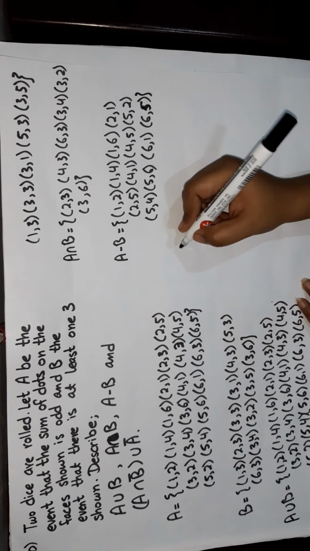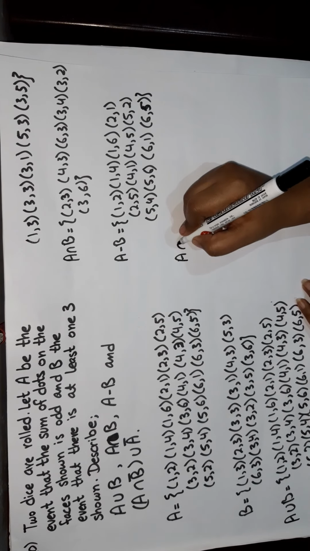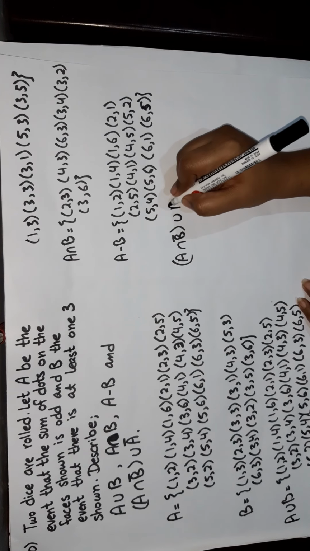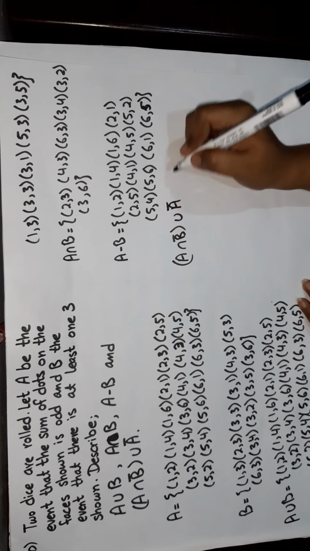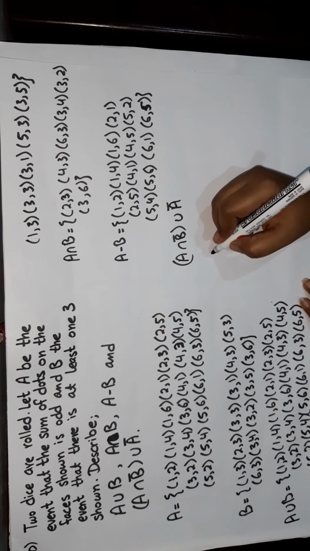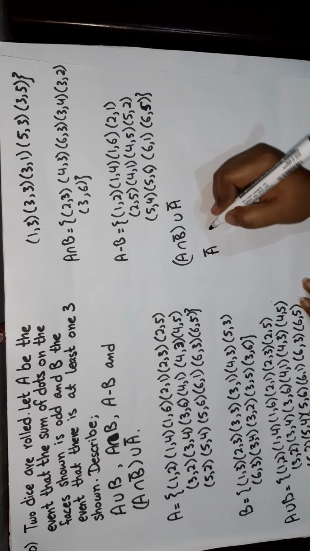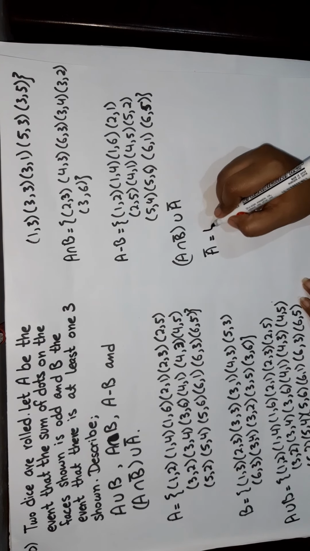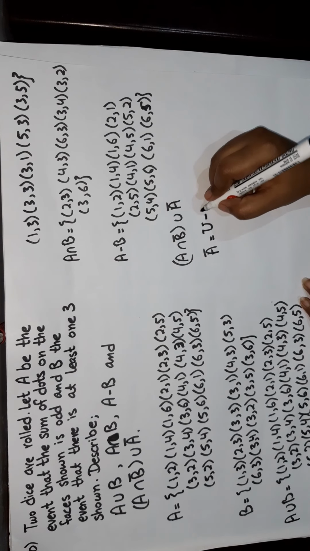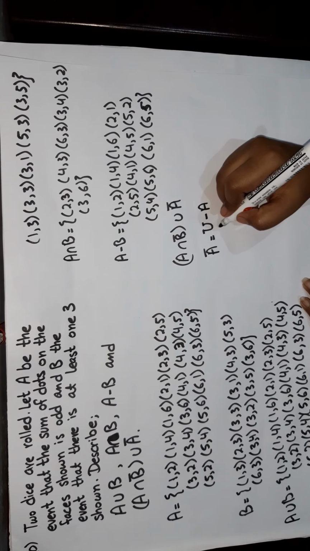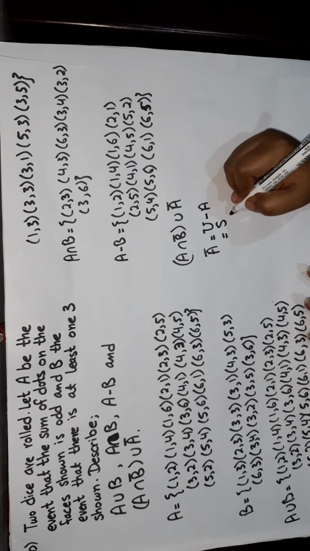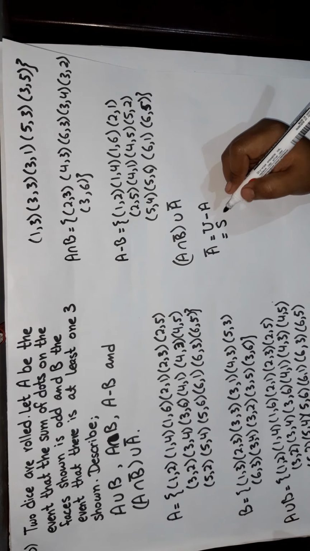Now the last one is A intersection B complement, union A complement. Now here I will first of all find A complement. A complement, as I have told you before, is the universal set minus A. Here the universal set is the S set, the sample space.